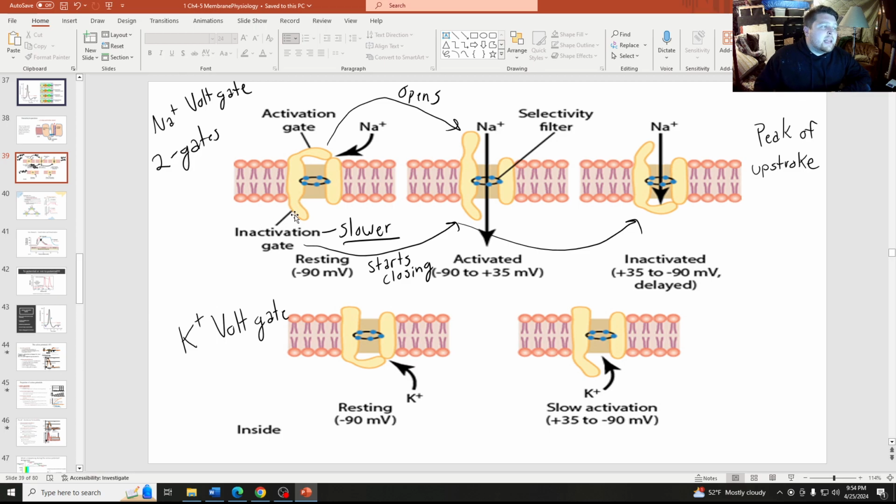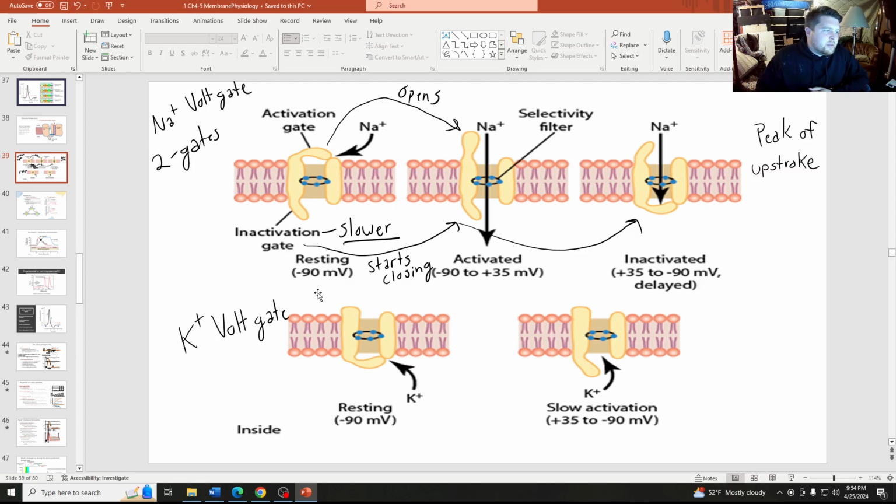Once the inactivation gate closes, it shuts off the channel, and it's no longer active. And then at a different point, these are going to reset back to their original position. We'll get more into these when we talk about action potentials.